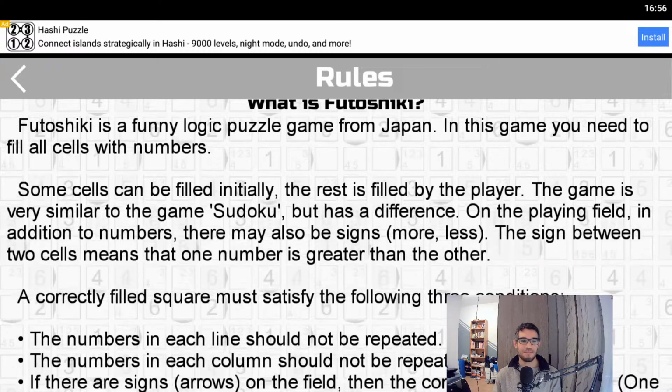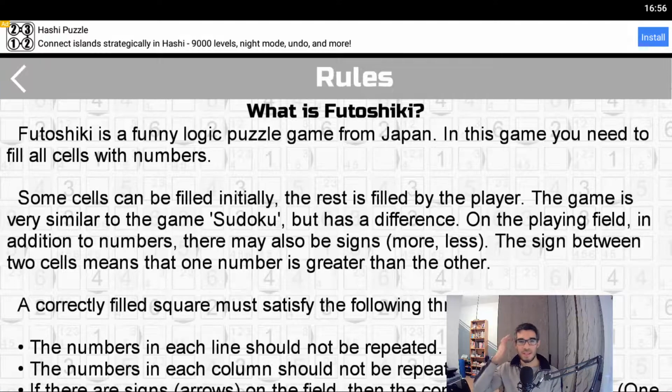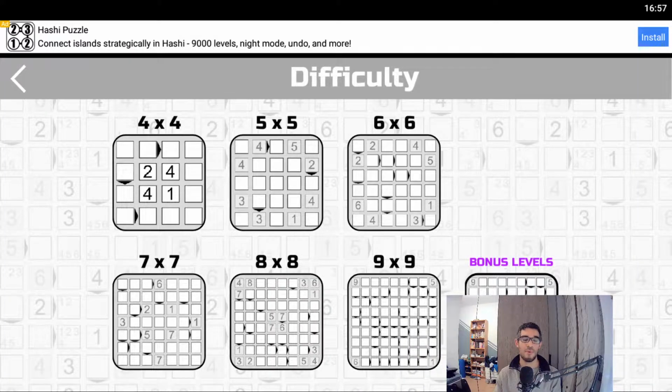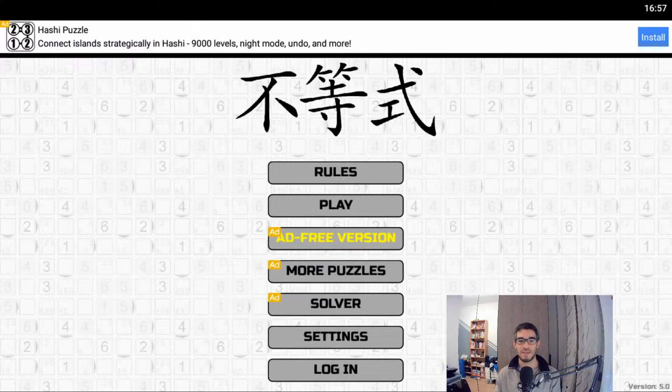Pretty much the goal is that in both the vertical line and the horizontal line, the numbers cannot be repeated. And of course, you have the easier puzzles, which are just 4 by 4. That means you only have numbers from 1 to 4, and you need to put them in a way that they do not repeat in any of the columns or the horizontal lines.